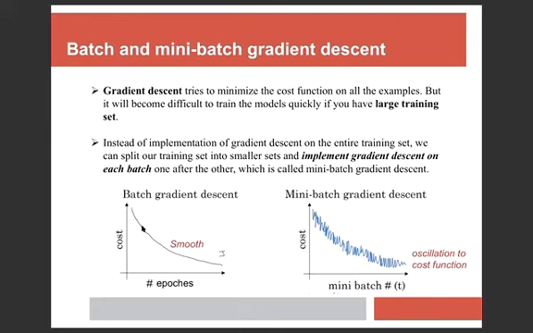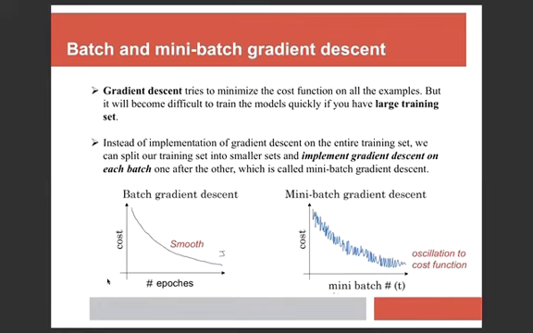So instead of implementing gradient descent on the entire training dataset, we can split our training set into smaller batches and implement gradient descent on each batch one after another. This is called mini batch gradient descent.